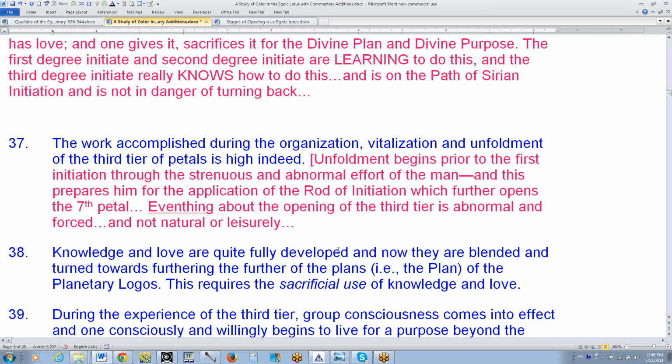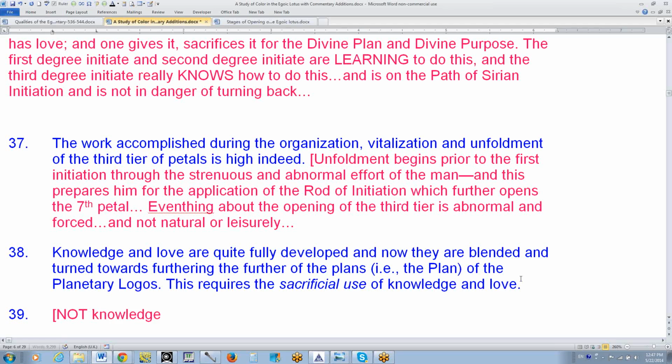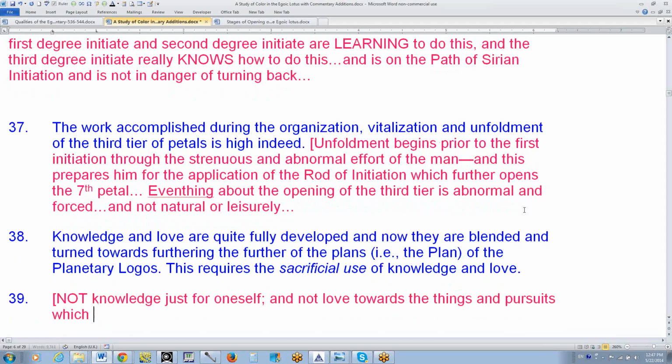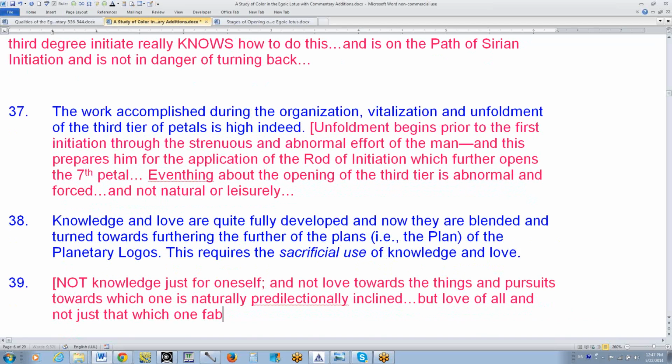Knowledge and love are quite fully developed, and now, in the third tier, they are blended and turned towards the furthering of the plans, that is, the plan of the planetary logos, and this requires the sacrificial use of knowledge and love. So what would that be? Not knowledge just for oneself, and not love towards the things and pursuits towards which one is naturally and predilectionally inclined, but love of all, and not just that which one favors.